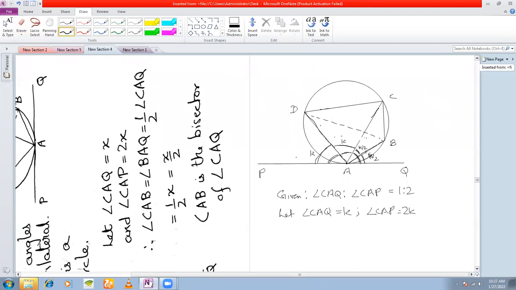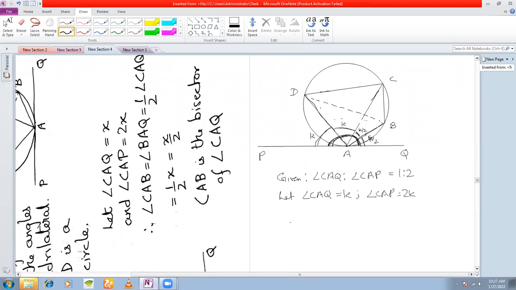Okay, how will I proceed to find out all the angles? See, first of all, all these angles that you see are on the same straight line, right? That means the sum of these angles must be equal to 180 degrees. So angle CAP plus angle CAQ must be equal to 180 degrees, because angles on the same straight line.